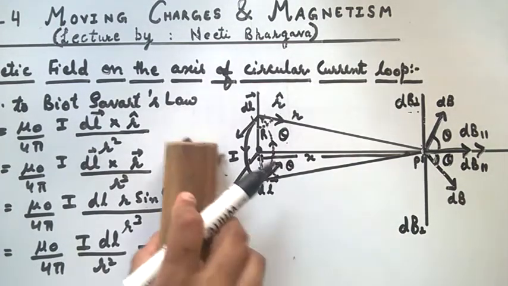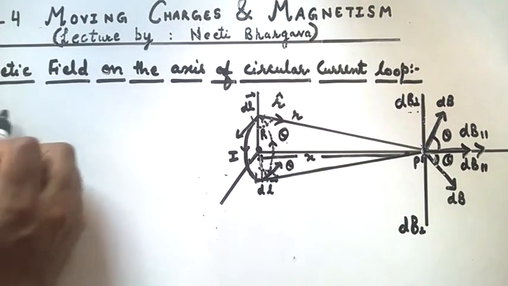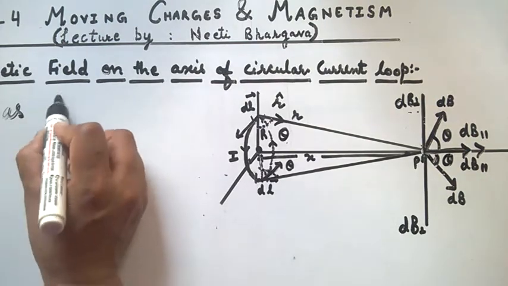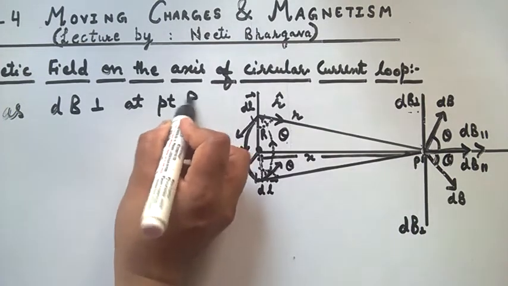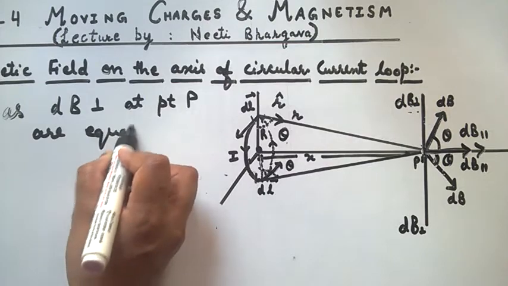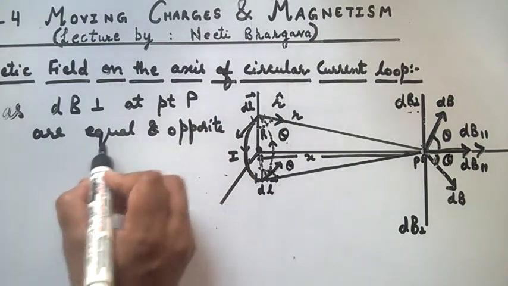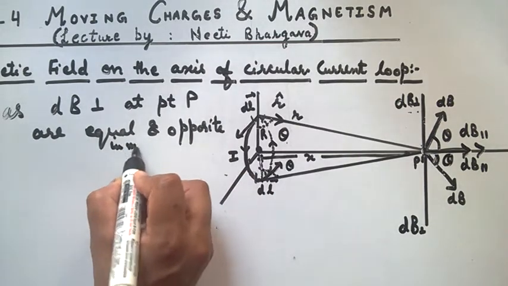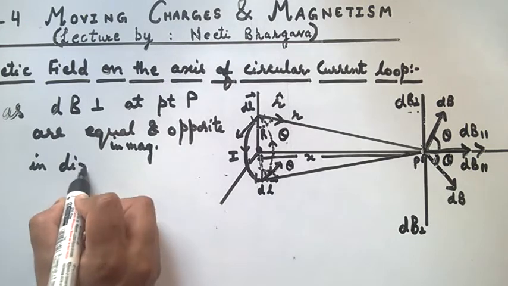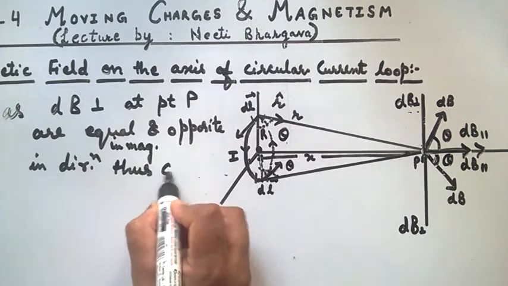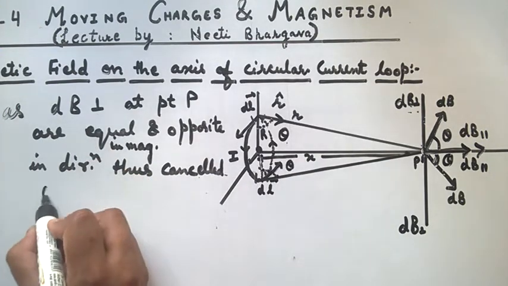Therefore, the value of total magnetic field is equal to... Equal in magnitude and opposite in direction, thus cancelled out, or the sum of all perpendicular components is equal to 0.